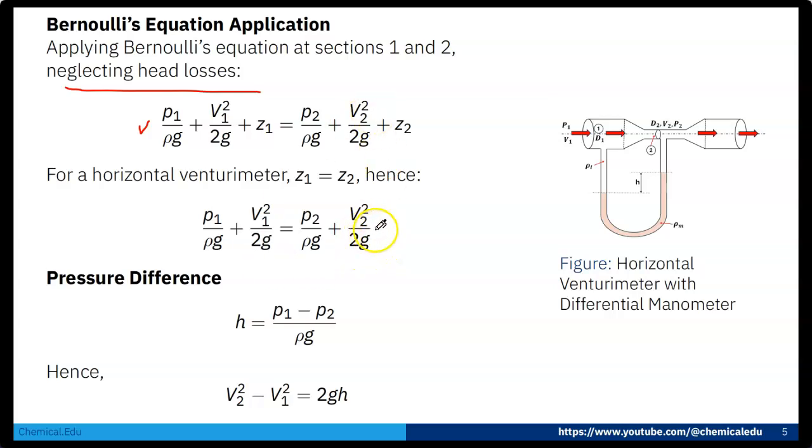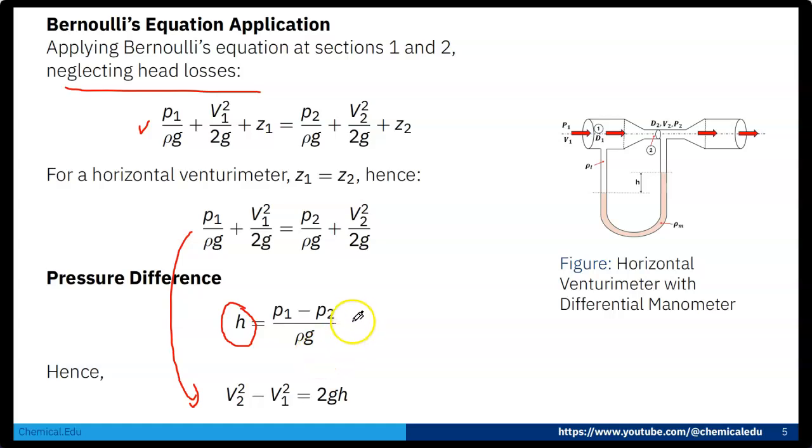Now from here we can easily calculate. First we take P1 by rho G minus P2 by rho G, which we consider as H. The pressure difference is H, so we can write V2 square minus V1 square is equal to 2GH from this equation.